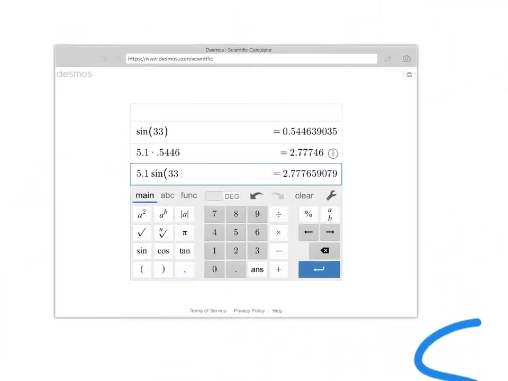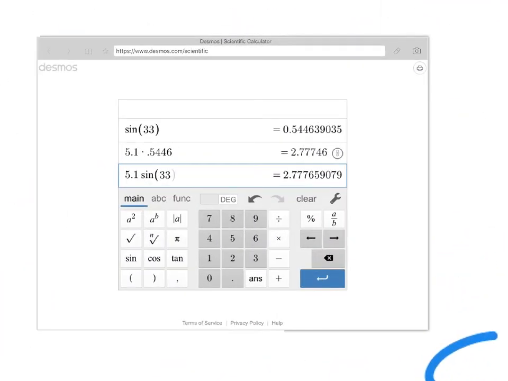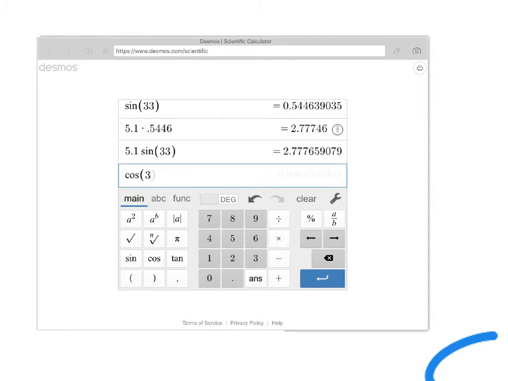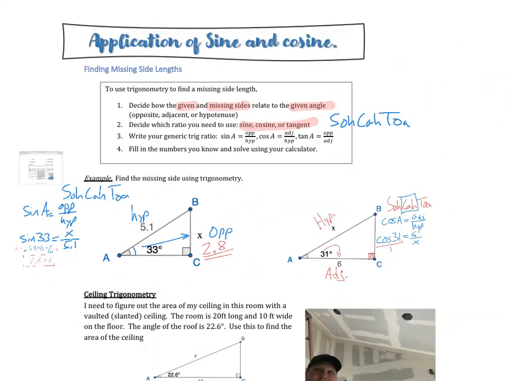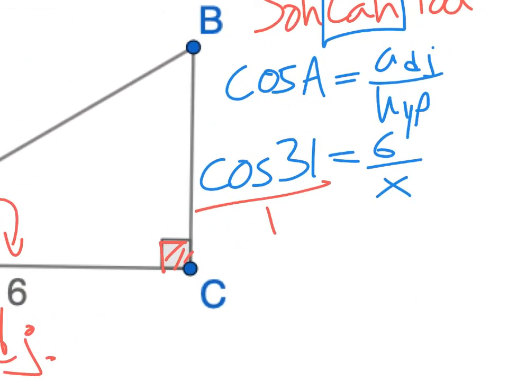Cosine of 31 looks like it's 0.8572. We'll round it to 0.8572. So 0.8572 over 1 equals 6 over x.